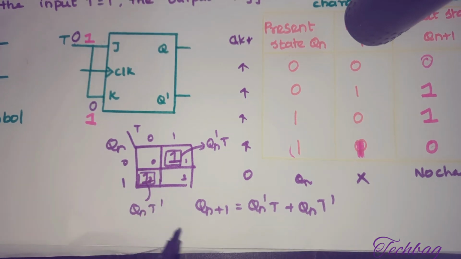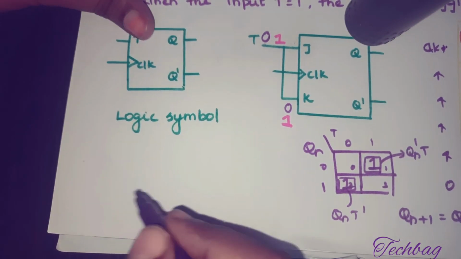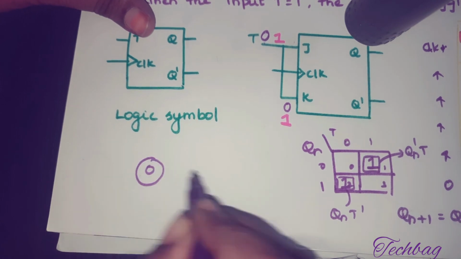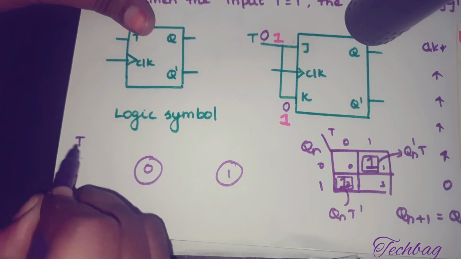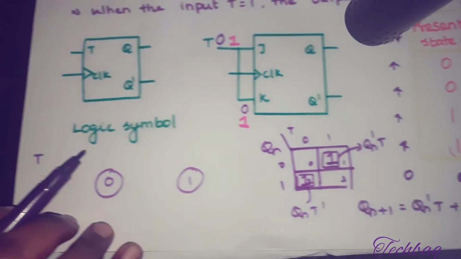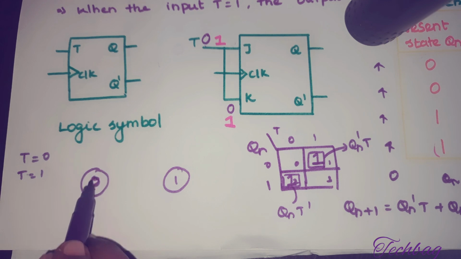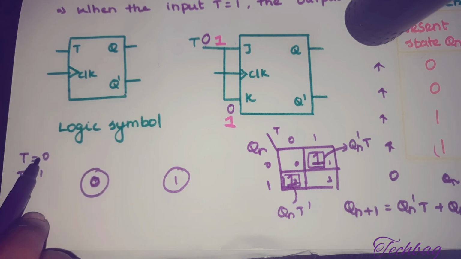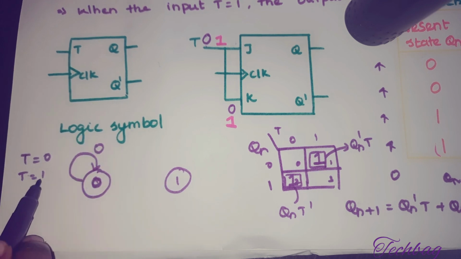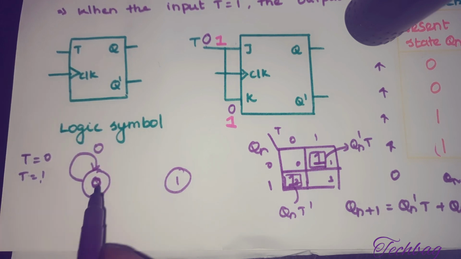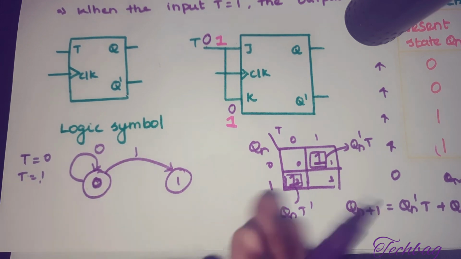Next, we will draw the state diagram. So there are 2 states, 0 and 1. The input is T. There are 2 possibilities, input is 0 or 1. If present state is 0, T is equal to 0, then it remains in the same state. If T is equal to 1, it will toggle the output. So you get 1. So it should move to this state. Or you can refer to the characteristic table.